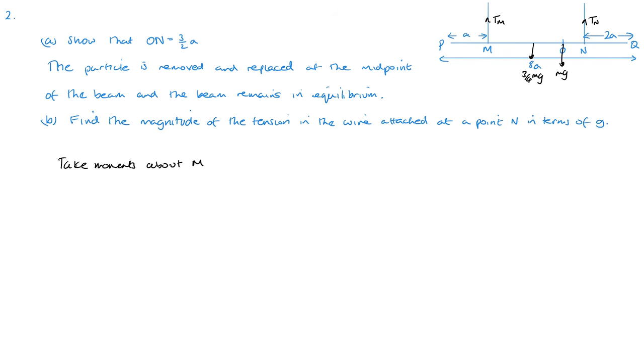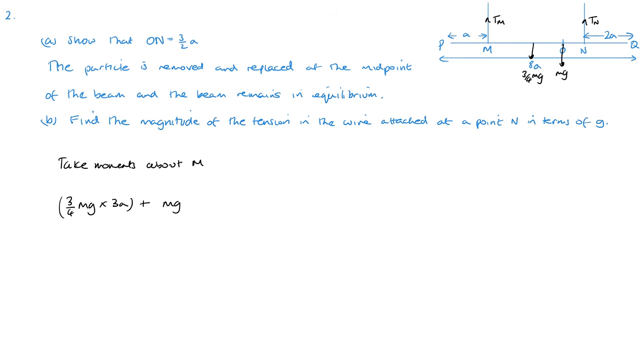So the forces acting down are going to go one way, so we've got 3/4 mg multiplied by, now it's 4a from P minus this a, so this will be 3a there, so this will be times by 3a plus mg.